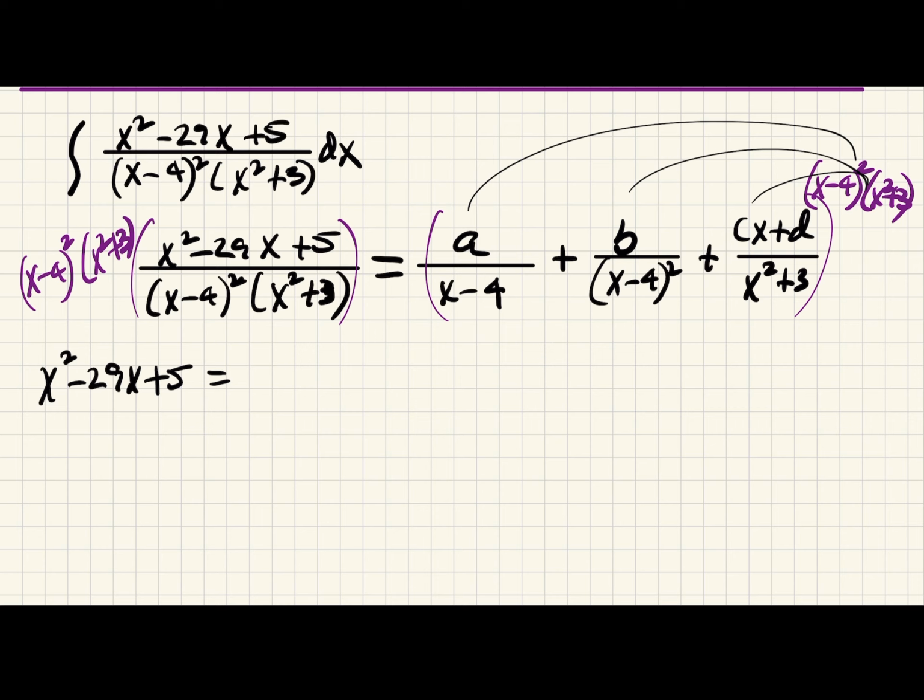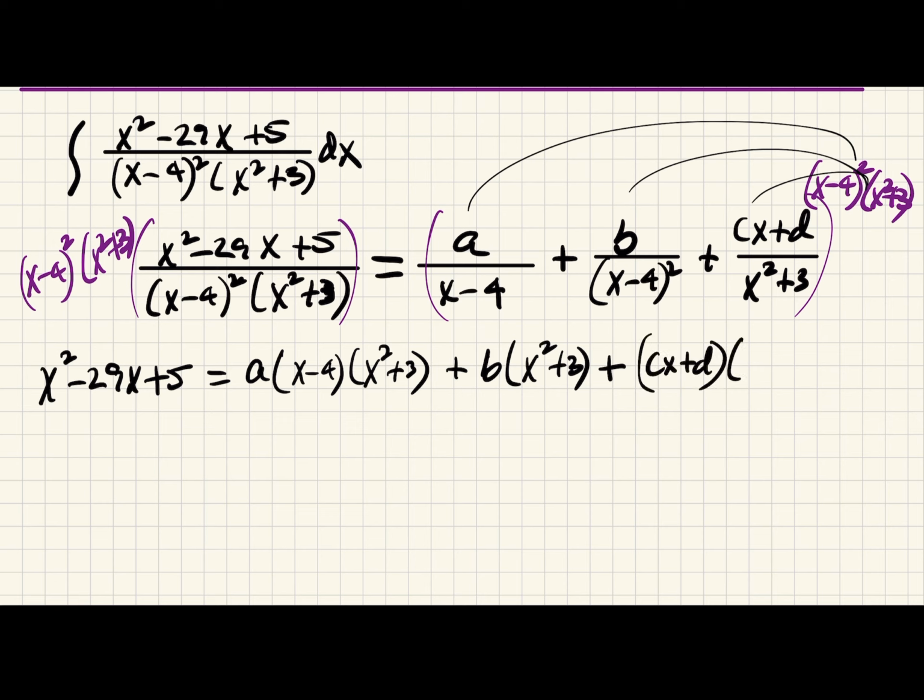In the first term, one of the x minus 4's cancel. So we have a times x minus 4 times x squared plus 3. In the second term, both of the x minus 4 squares cancel, so we have b times x squared plus 3. In the third term, the x squared plus 3's cancel, so I have cx plus d times x minus 4 squared.